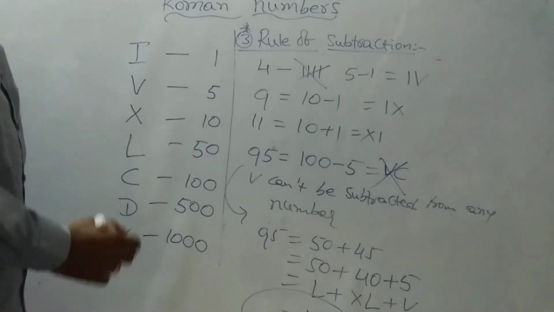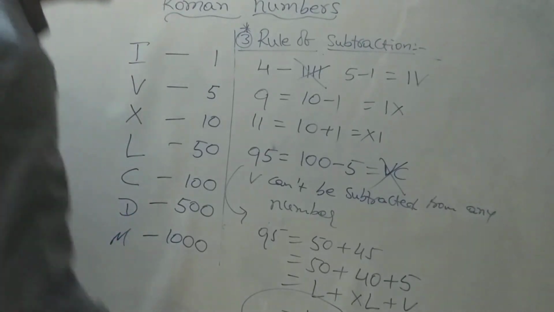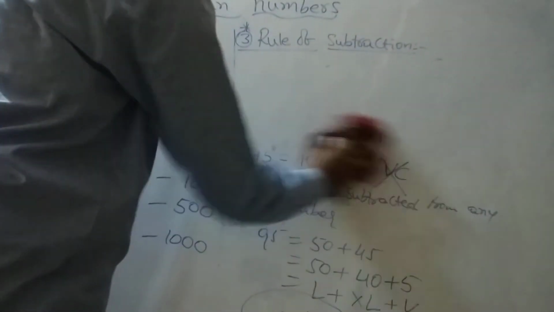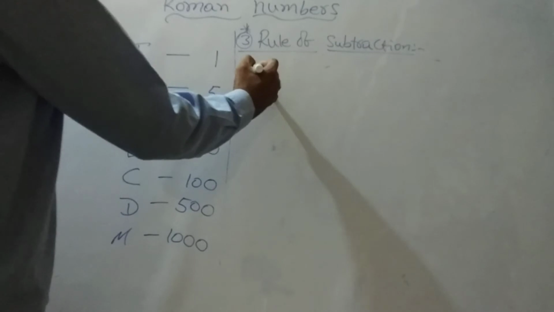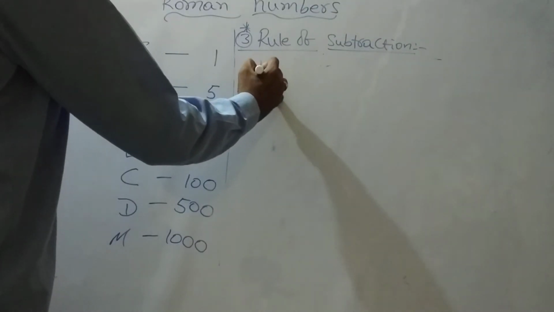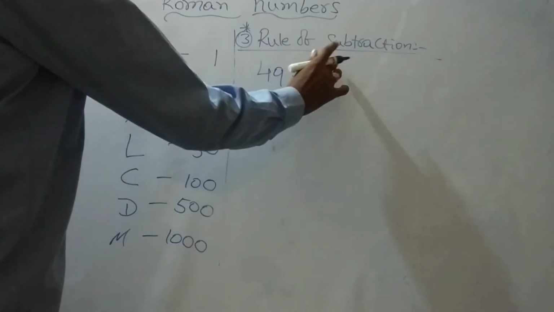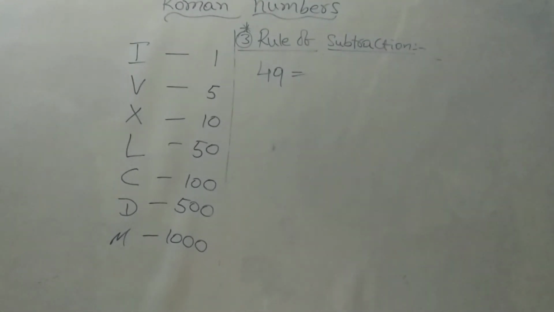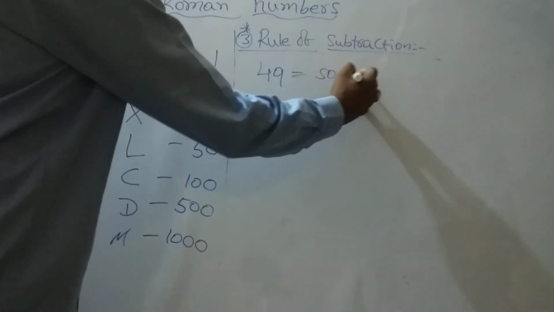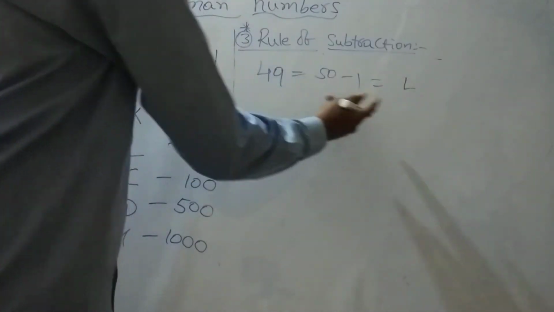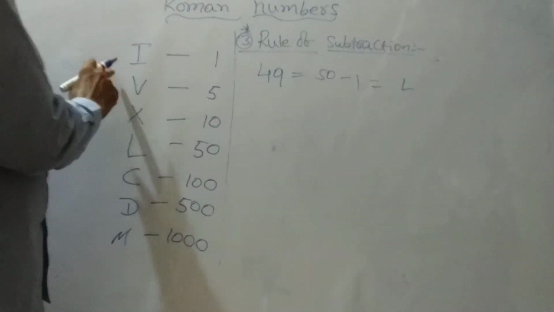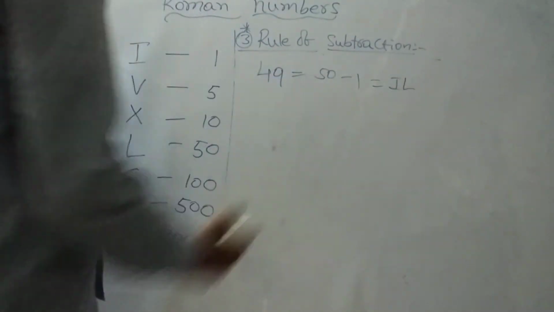Next, one more important condition in this rule of subtraction. 49. How to write 49? Simply you will say 50 minus 1. A larger symbol is 50, that is L. Subtract 1, so you will write I on the left side of the larger symbol, IL.